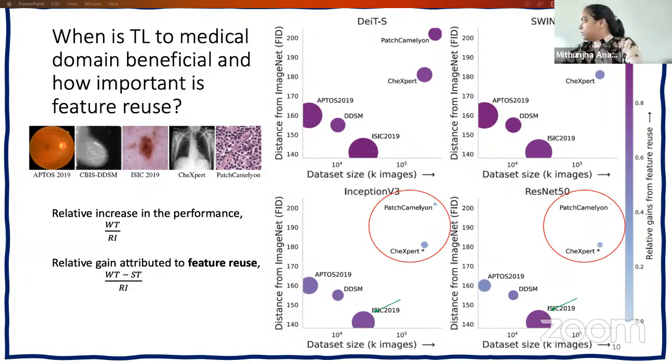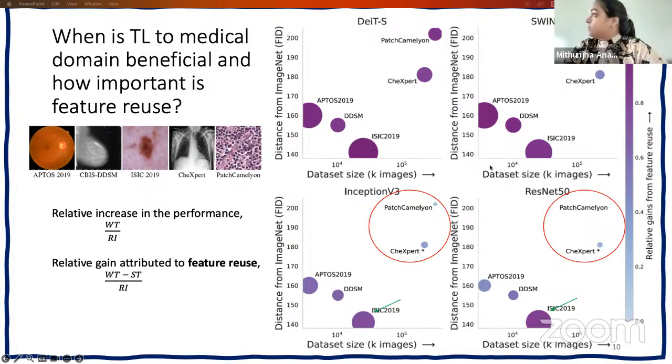It's directly the pixels, the image distribution. Retinal fundus, mammography, and skin lesions are small datasets and also closer. The ISIC one is closer to the source domain.